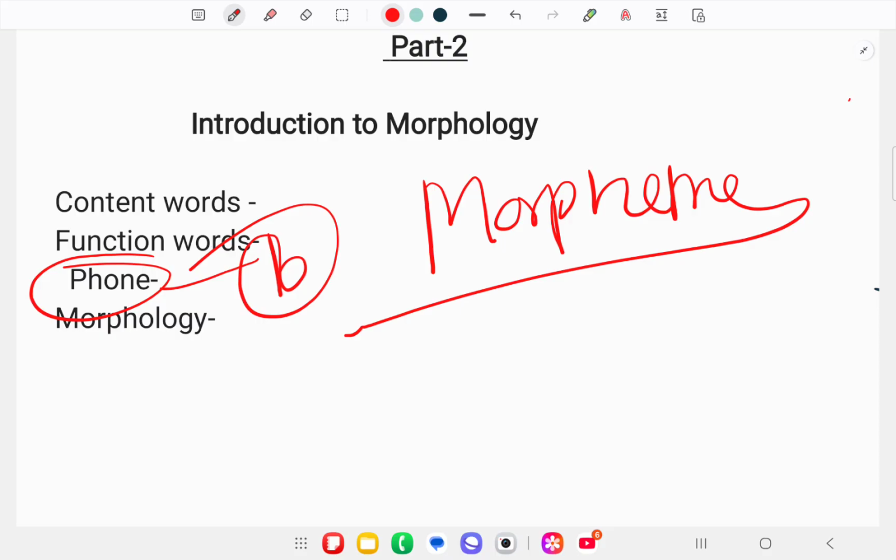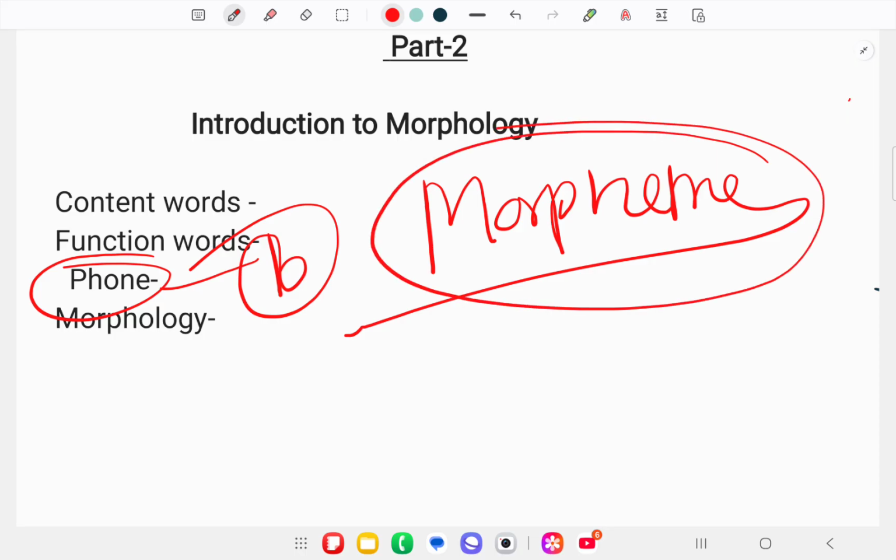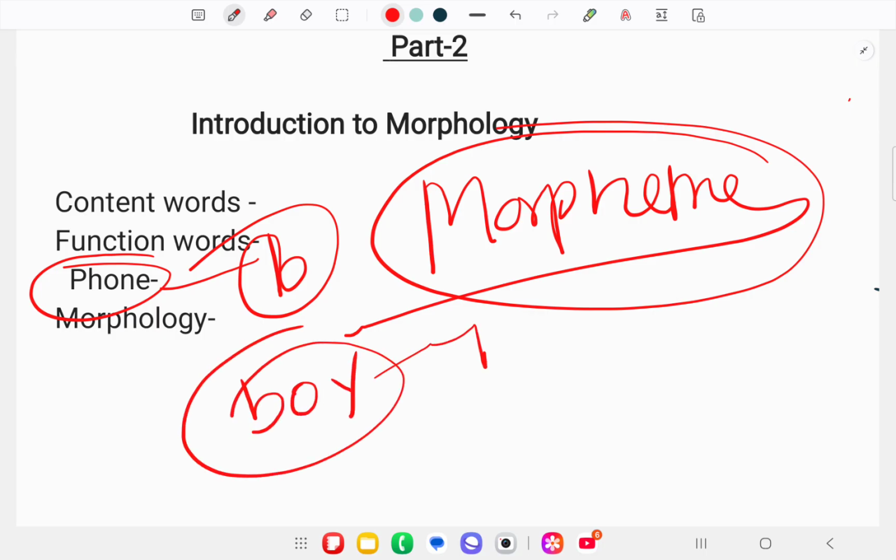As we know, morphology deals with the study of words and also the rules by which words are formed. We talk about the morpheme in the sense of the minimal unit of meaning. If we take an example like boy, in boy there is only one meaning, that is, one morpheme.